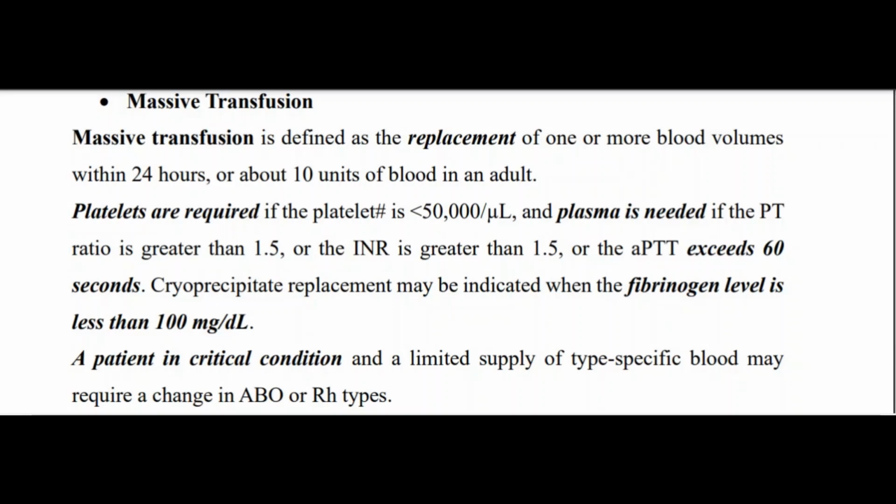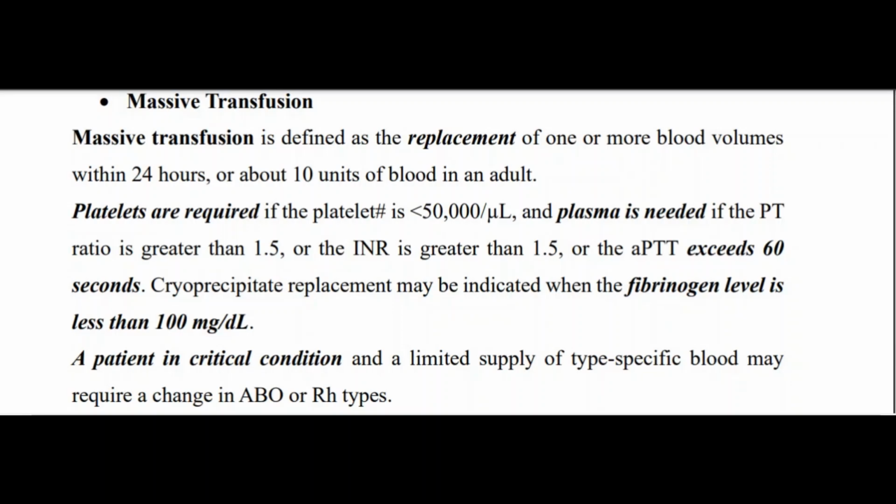So this is when we are just transfusing RBC. But of course, when the test, for example, platelet count is less than 50,000, or INR is greater than 1.5, or APTT is exceeding 60 seconds, we have to transfuse plasma as well as platelets, even if they are not really requested.